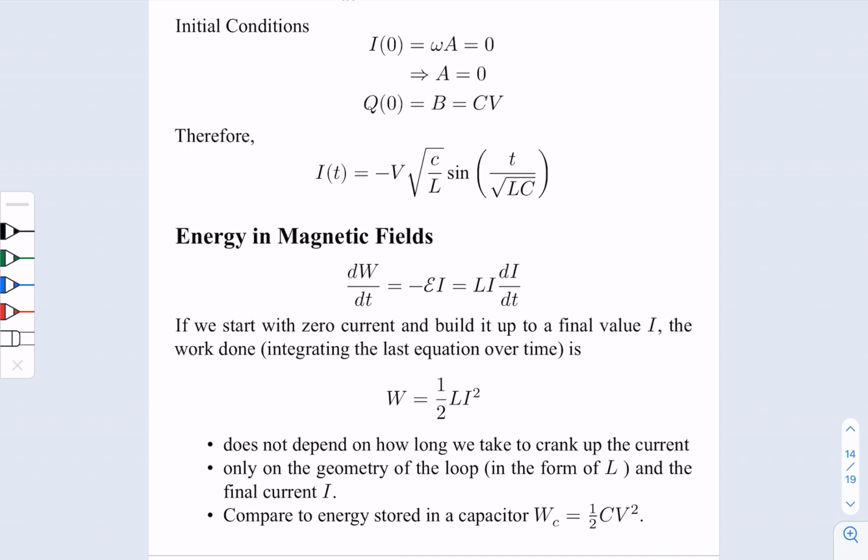This equation is similar to the energy stored in a capacitor, and it actually doesn't depend on how long we increase the current, but it only depends on the geometry of the loop and the final current running in the loop. So you can sort of see the mapping, right?